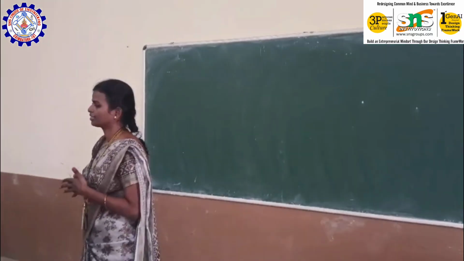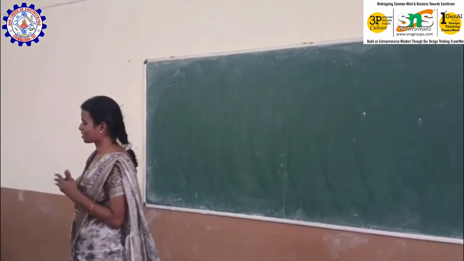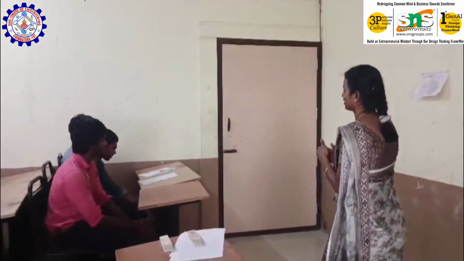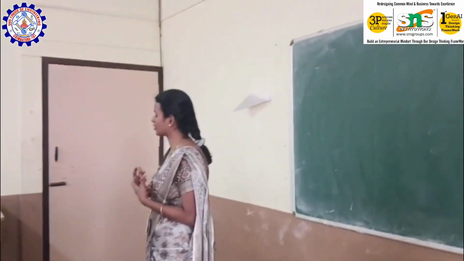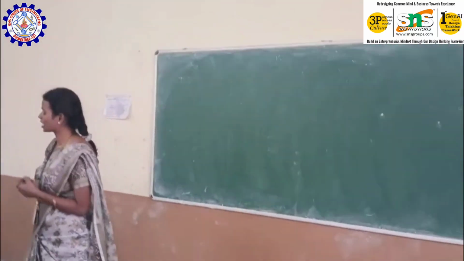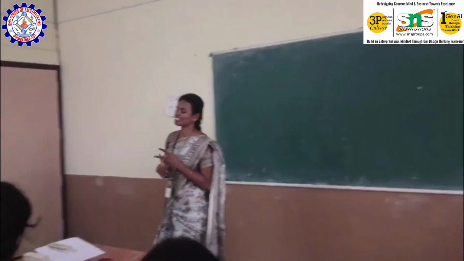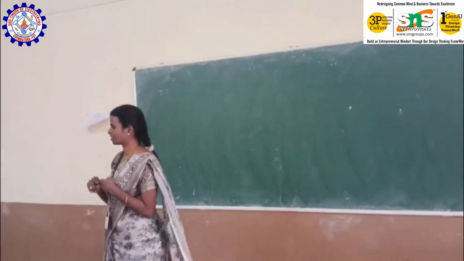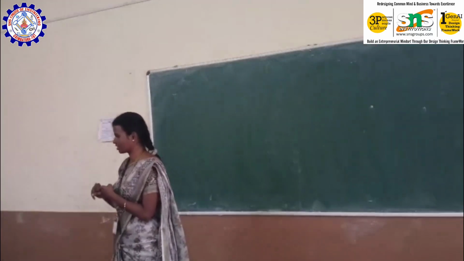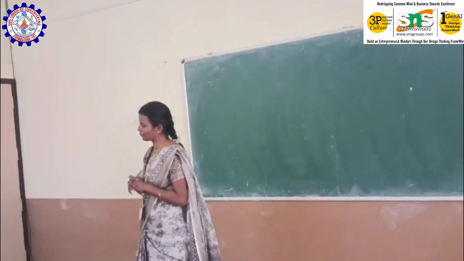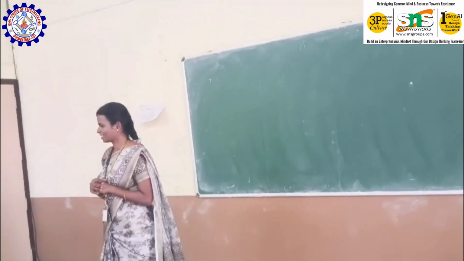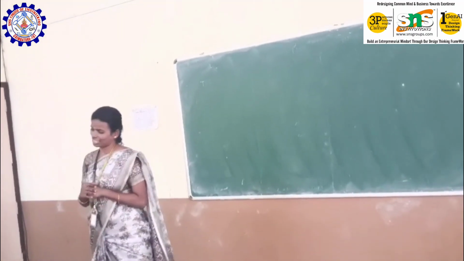Any other? I would like to hear some answers from this side. Energy meters are used in residential areas or industrial areas, and we have single phase energy meters as well as three phase energy meters depending upon the supply you are using. Which supply are you using in your home, three phase or single phase? Single phase. Okay.